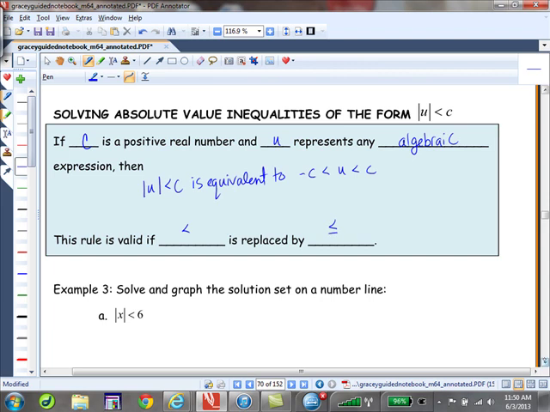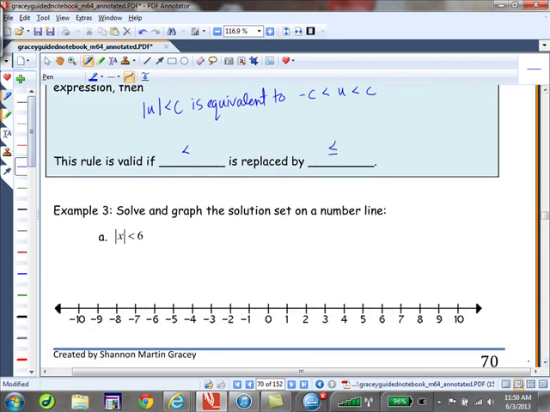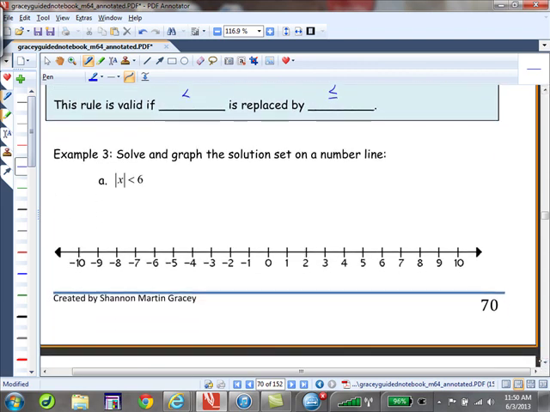So let's come back to, remember how we had done our warm-up problem? So think about it. For the absolute value of x to be less than 6, you've got to have numbers on the positive side that are less than 6. That part's easier. So you can think of it as 0 to 6.